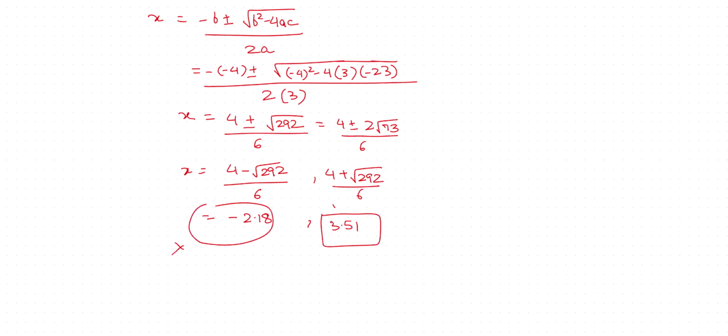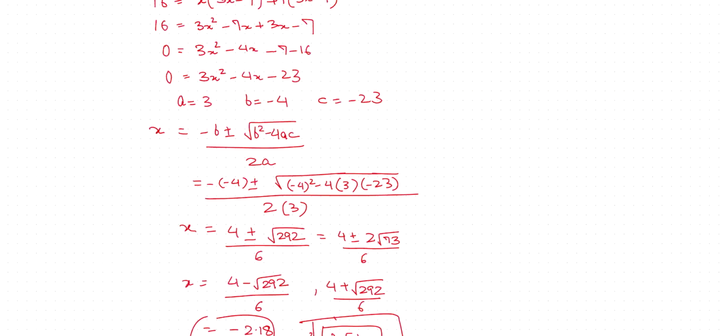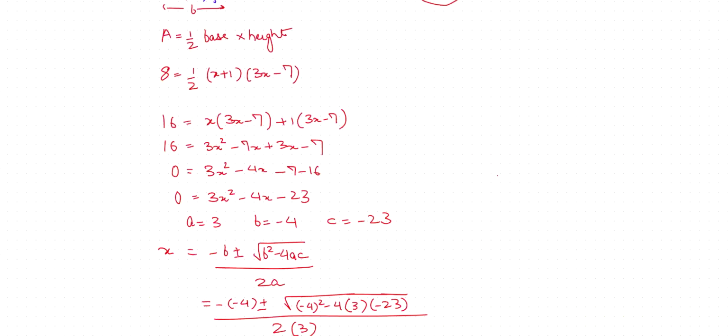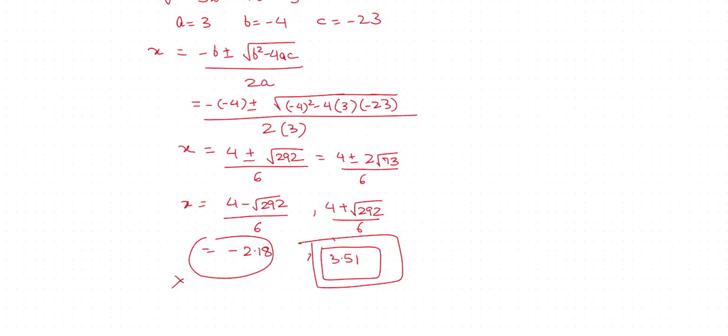This is the value of x. If we put negative 2.18 here, x plus 1 gives a negative base, which is not possible. So this will be our answer for x.